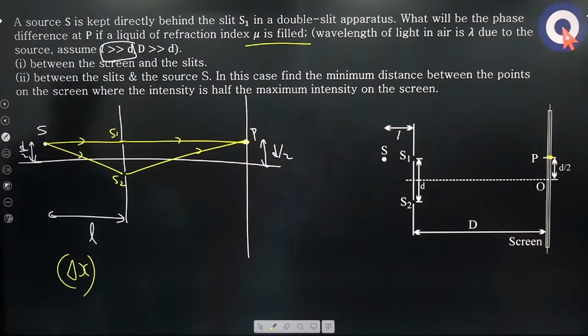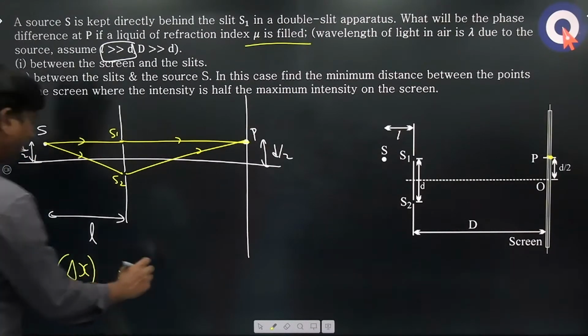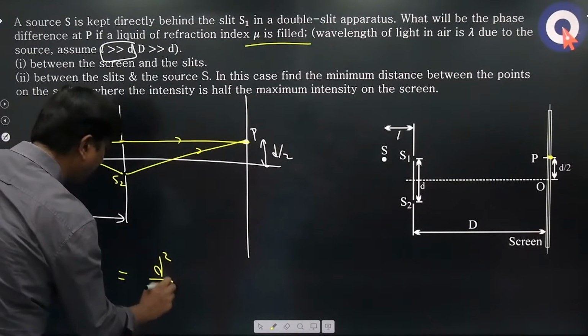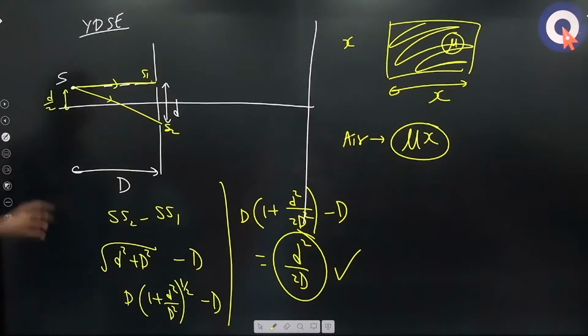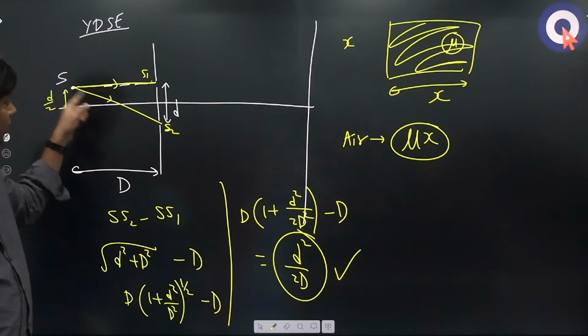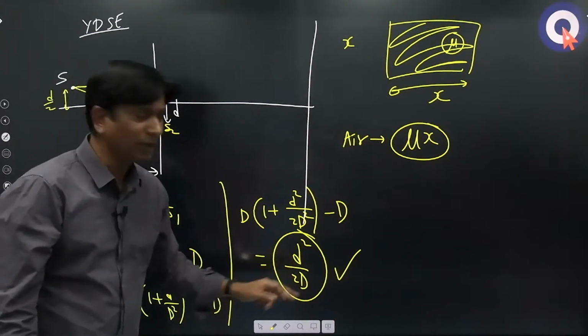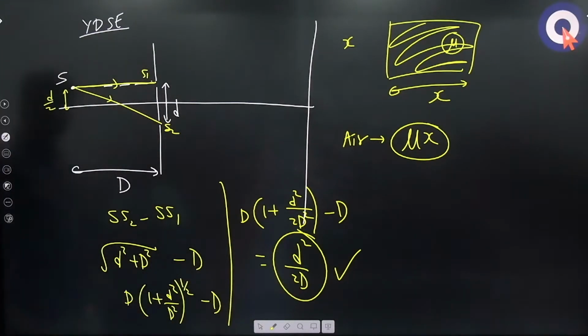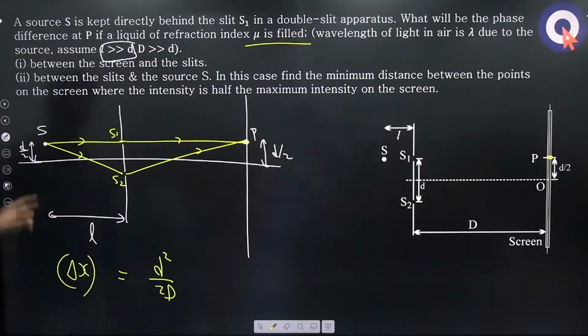Here this is already longer than this by an amount d square by 2 capital D, since you are keeping it exactly in front of this, with d by 2.